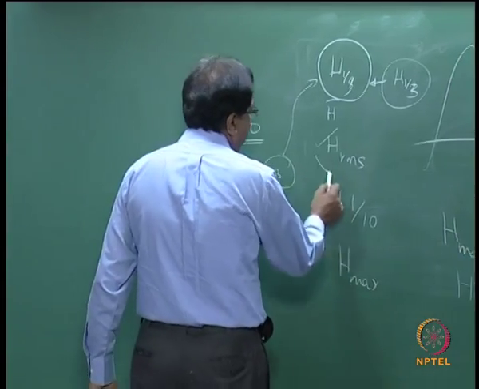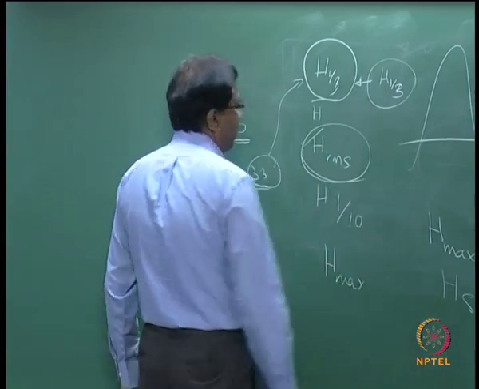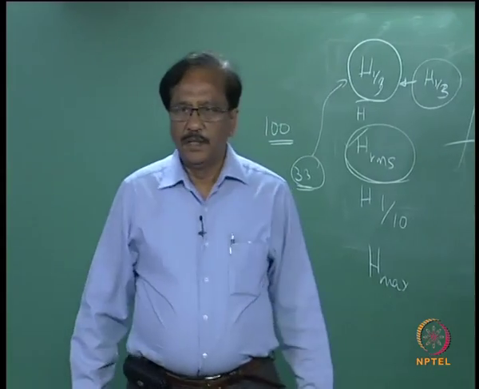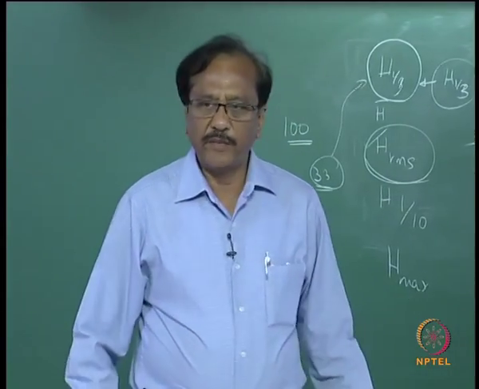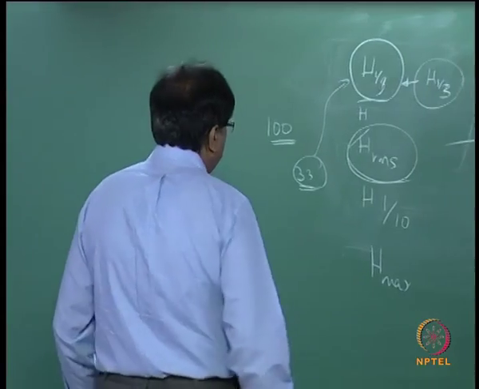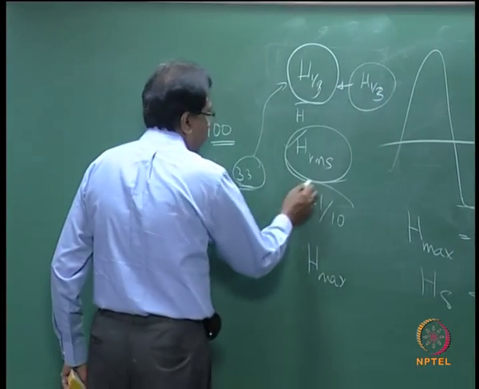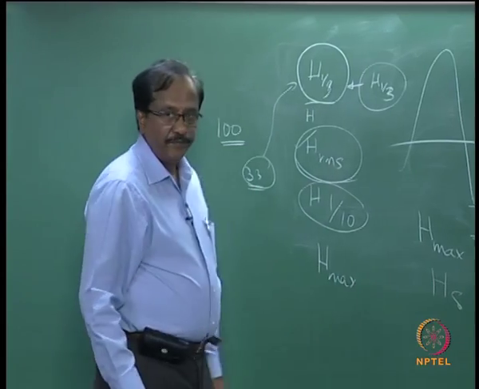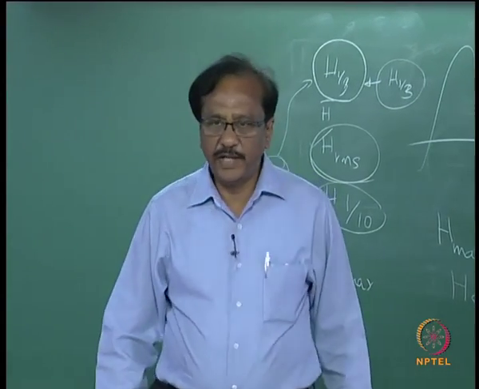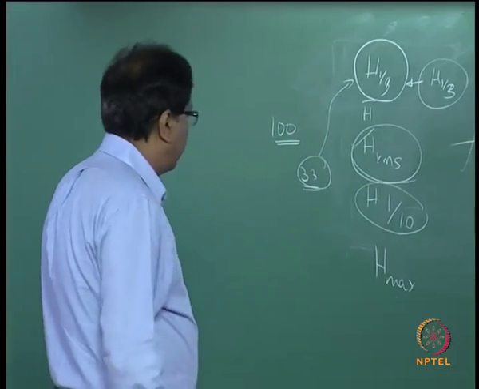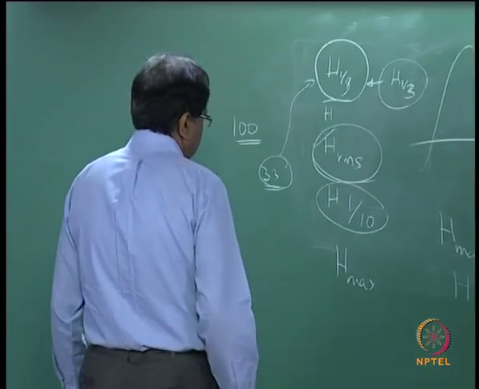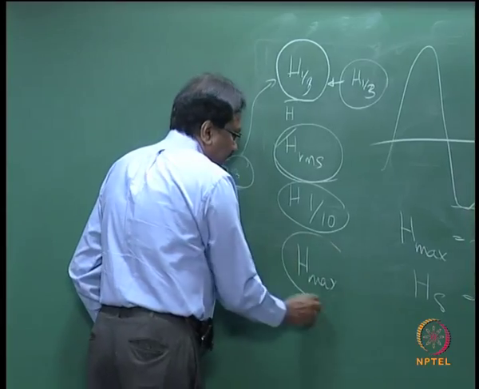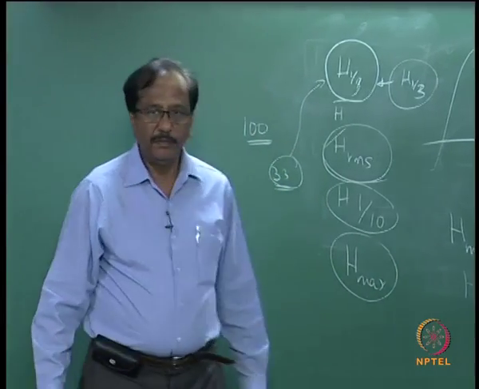The other parameters are your HRMS, which is nothing but the root mean square value, then H110, similar to H1/3 we have H110. H110 is widely used in the field of naval architecture also, and then finally you have the H max, which I did not have to mention what it is.